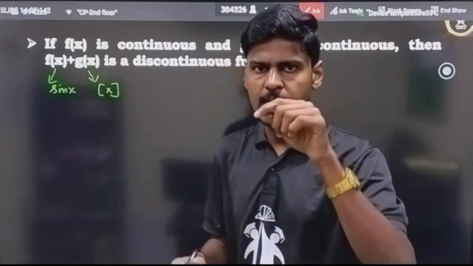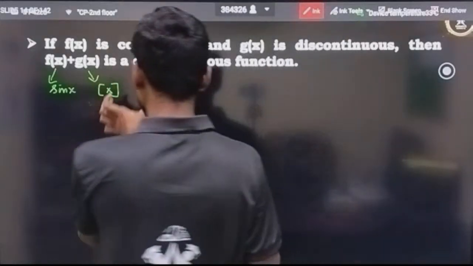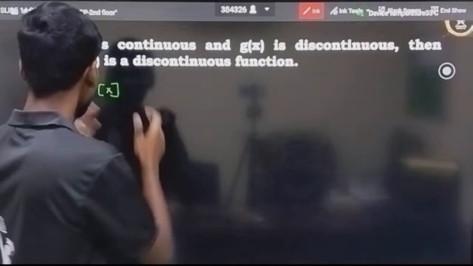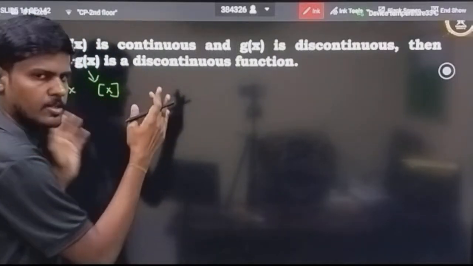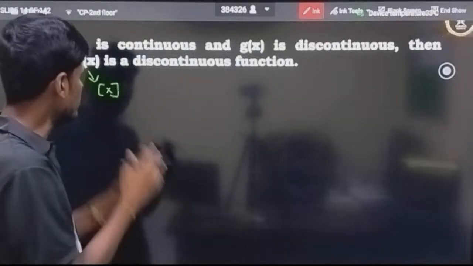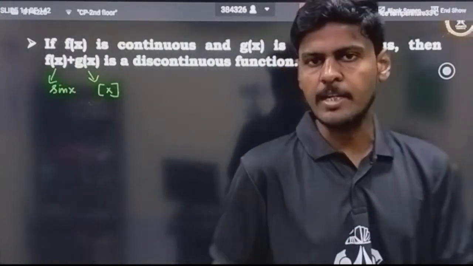Box of x is a constant between 0 to 1, it remains the same. So to understand the continuity of this function, we will have to define it by breaking it into different intervals in which these functions are continuous. Only then can we analyze its continuity.